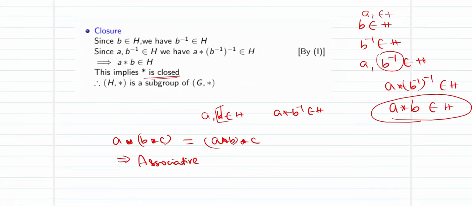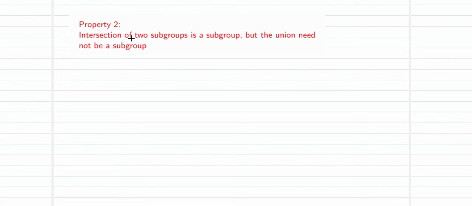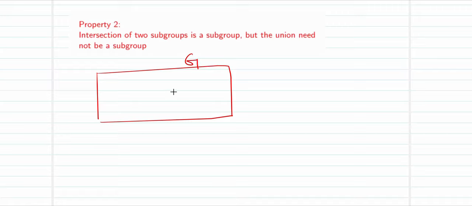Now, moving on, we go to the second property, which says intersection of two subgroups is a subgroup, but union need not be a subgroup. So, from the bigger set G, I am going to have two subgroups, one called as my H1 and the other one called as my H2.